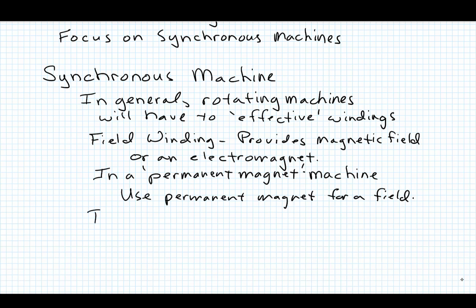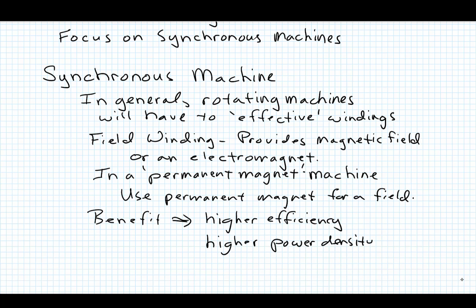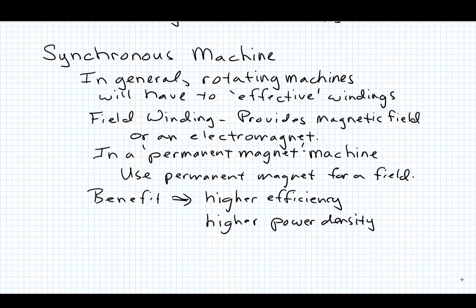And the big benefit of that is higher efficiency, because there are no losses associated with the field, and higher what we would call power density. Power density is essentially the ratio of output power, S, and I would say this is mechanical output power, to volume.